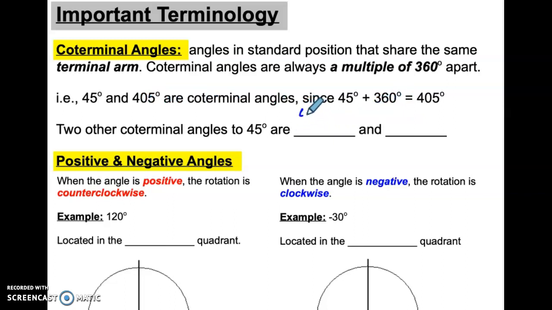Okay, if I did 45 minus 360, I would also get another coterminal angle, and that would be negative 315 degrees. I could do 405 plus 360, and that would give me another coterminal angle, 765. Okay, I could add 360 again and again and again, and I would keep getting coterminal angles.